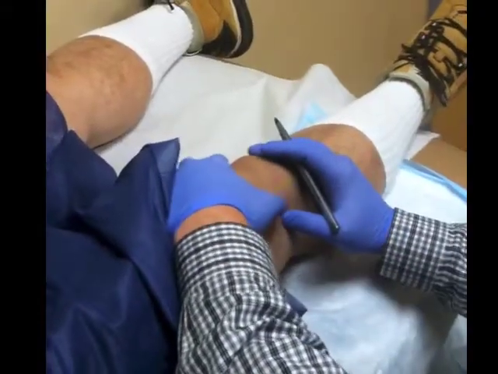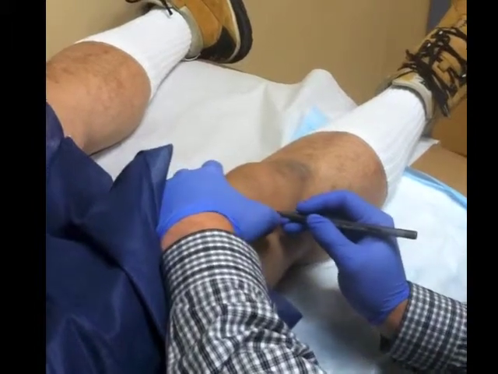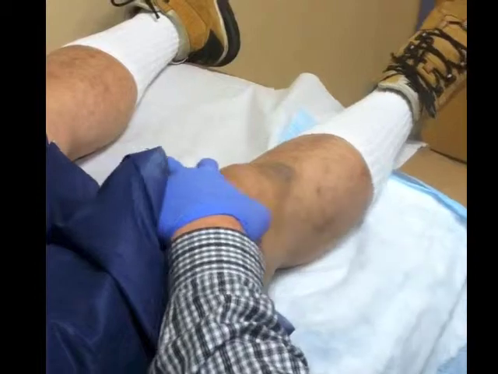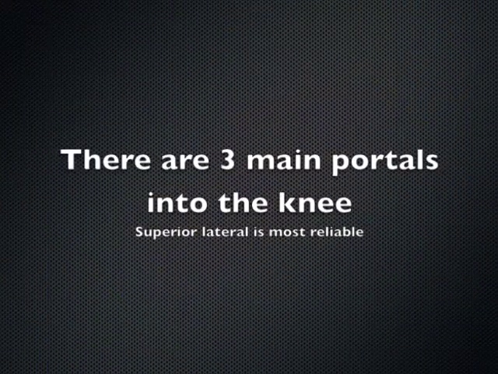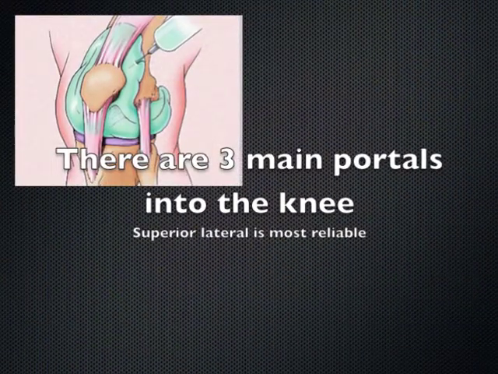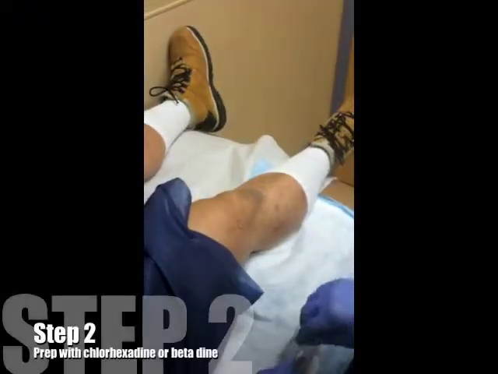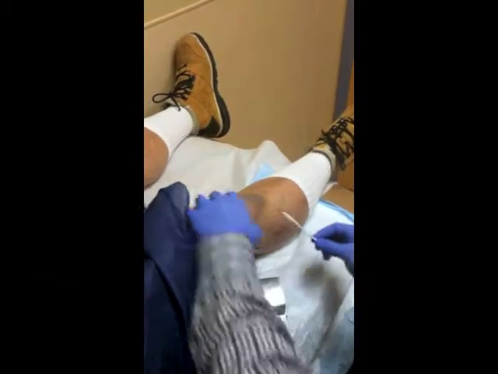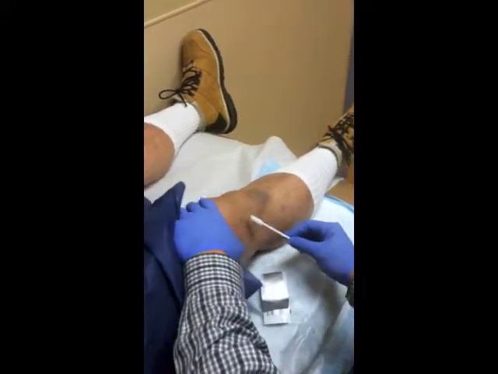Here the provider is finding the superolateral portal, just superior and lateral to the superior pole of the patella. There's usually a soft spot that can easily be palpated. Next, the skin is prepped with antiseptic, either chlorhexidine or Betadine most commonly.